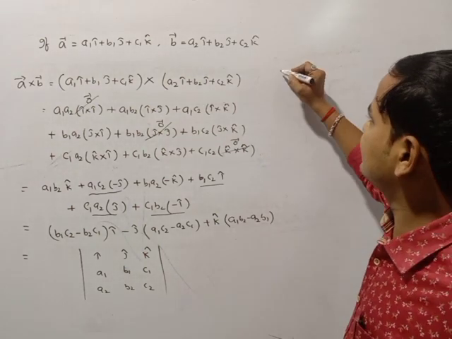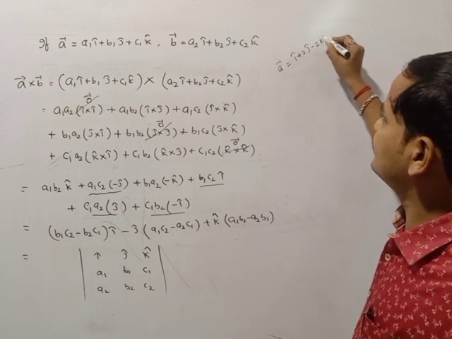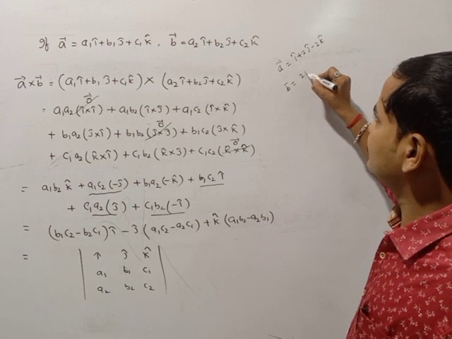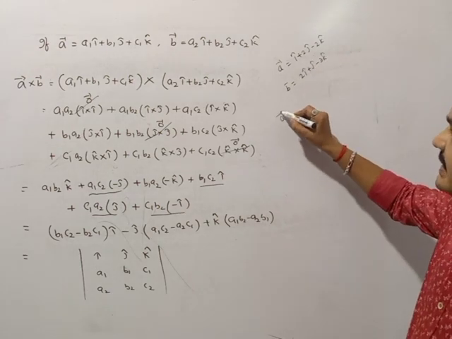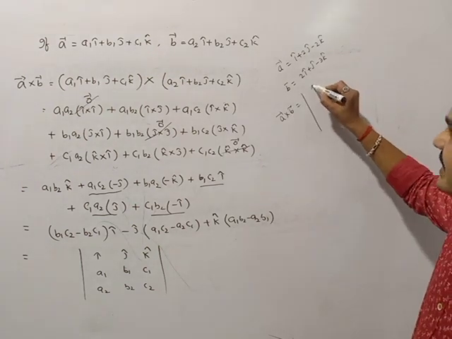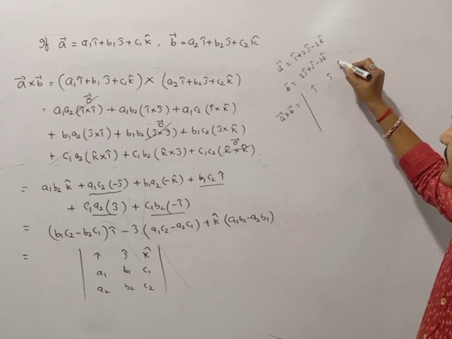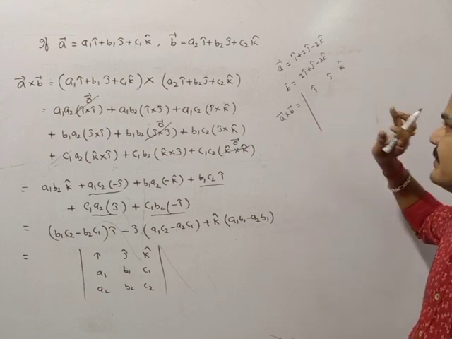If A bar is equal to i cap plus 2 j cap minus 2 k cap, and B bar is equal to 2 i cap plus j cap minus 3 k cap, and you want to find A bar cross B bar, apply the formula. What is that? Det of, first of all write i bar, j bar, k bar. This is not magnitude, this is the 3 by 3 determinant, which you learned in the determinant concept.